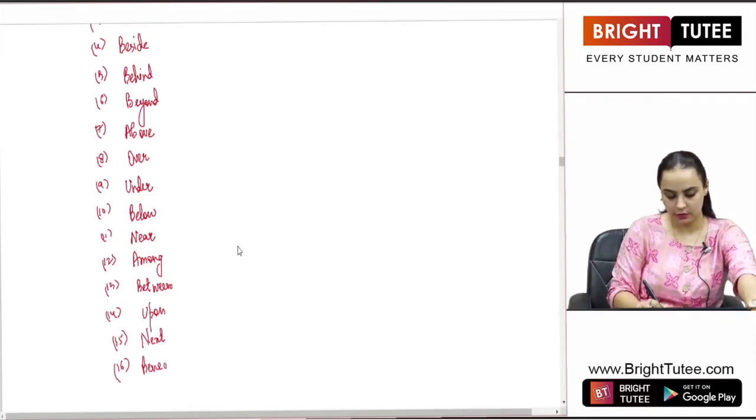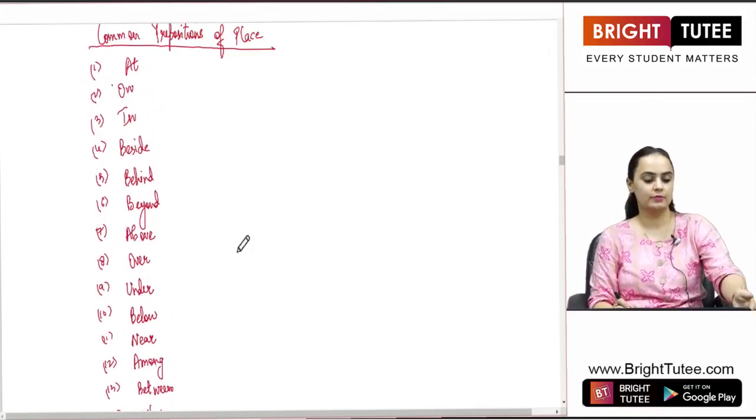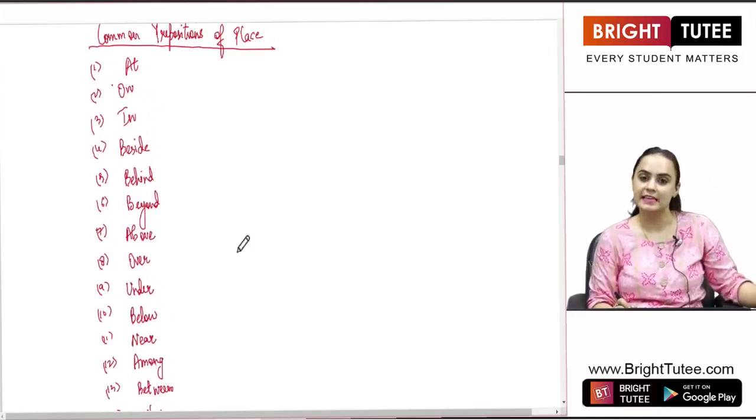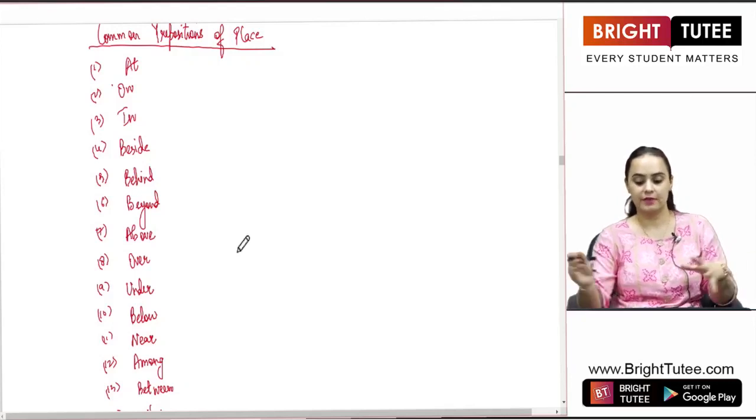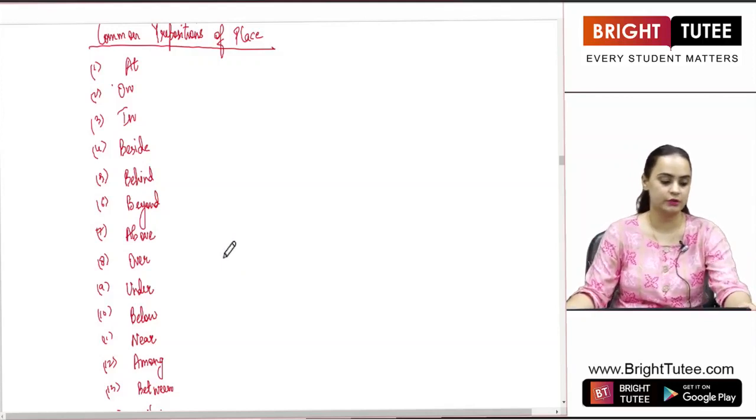So these are the most common prepositions of place. So again, I'm going to give you an example each to explain where and how we use these things. So where can we possibly use these things?